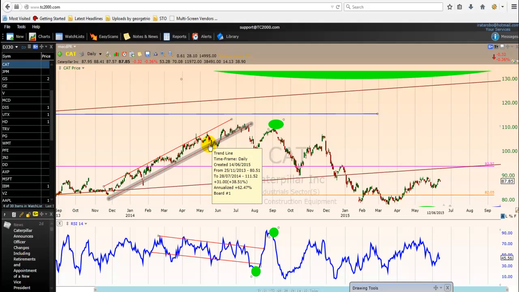Next verification. The second condition is that the RSI indicator must change direction and break the declining channel. Here it is, you can see it changes direction and breaks the red channel, yes or no? You see how we went above it beautifully.